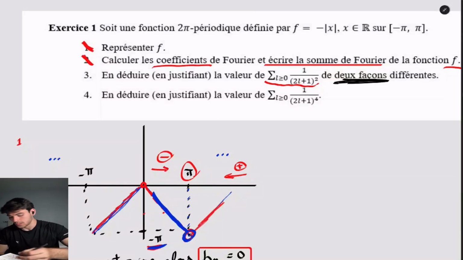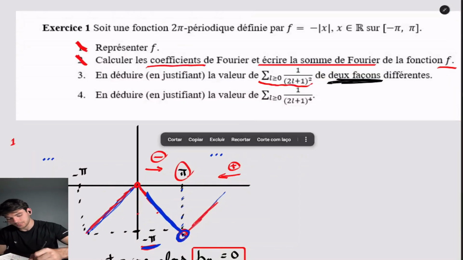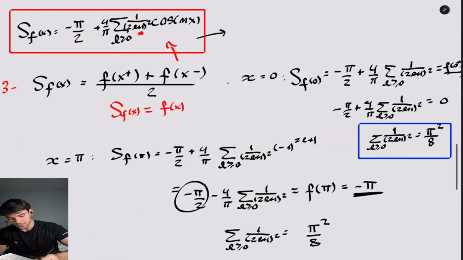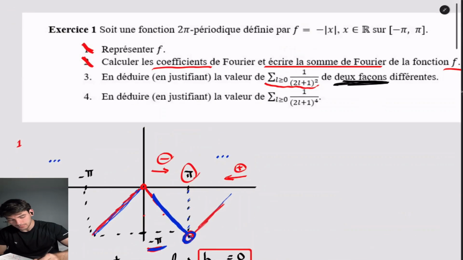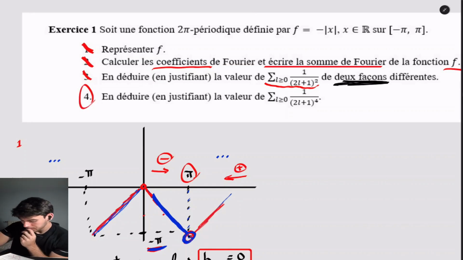All right, so question 3 is over. We need to solve 4 right now. It wants the value of another sum. So here we have the power 4. It will get more.